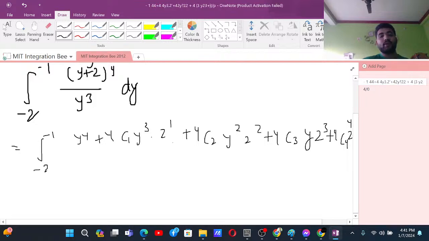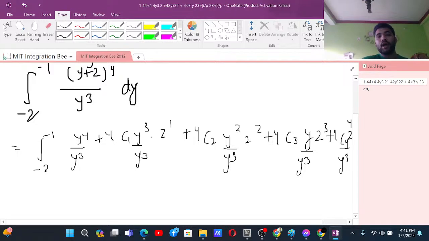We have that expansion, and we can just divide each of them by y cubed. Now it's pretty easy to integrate this. These are just some powers of y, and we already know how we integrate y to the power n for any power of n. So this is just some rigorous task that I leave on you to work on.